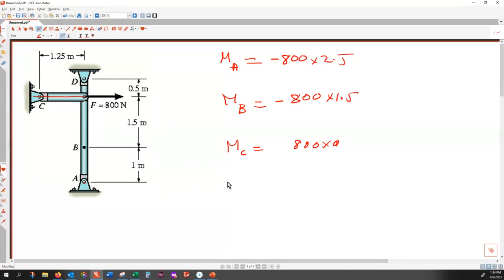And the last one is rotation with respect to point D. That is 800 multiplied by what? What is the shortest distance with respect to D? Thank you, Porty, it is 0.5. And is this positive or negative?